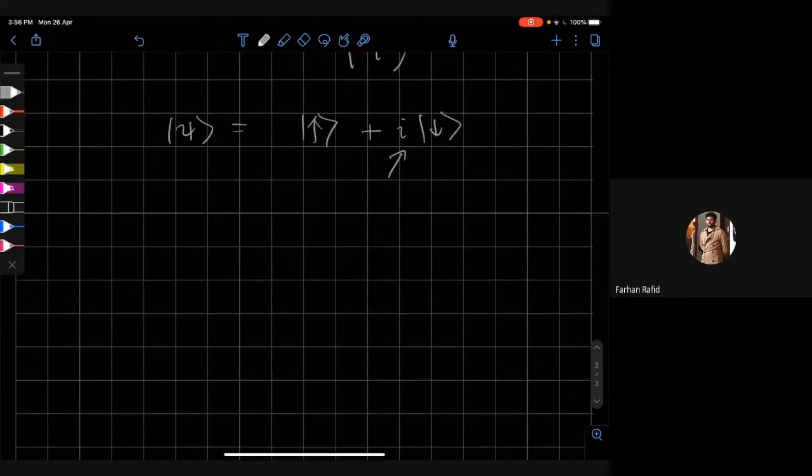So last time we talked about the continuous case of a momentum operator. Our momentum operator in one dimension, for example, was minus i h bar d by dx.